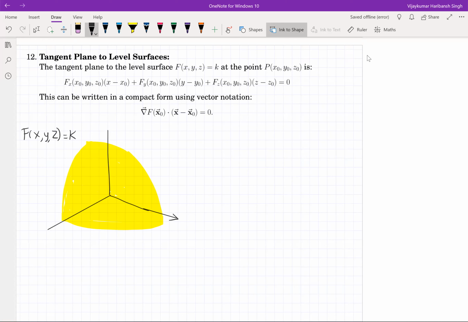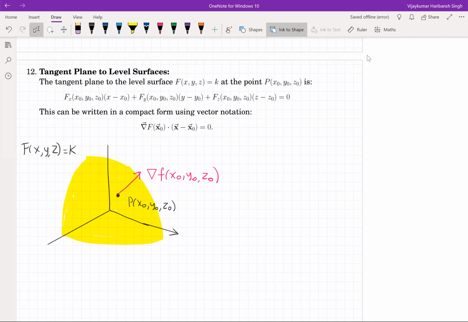Now, we have a point here, P, and so the idea is, if you take a point P, then the perpendicular to this surface is given by grad f at x naught, y naught, z naught.